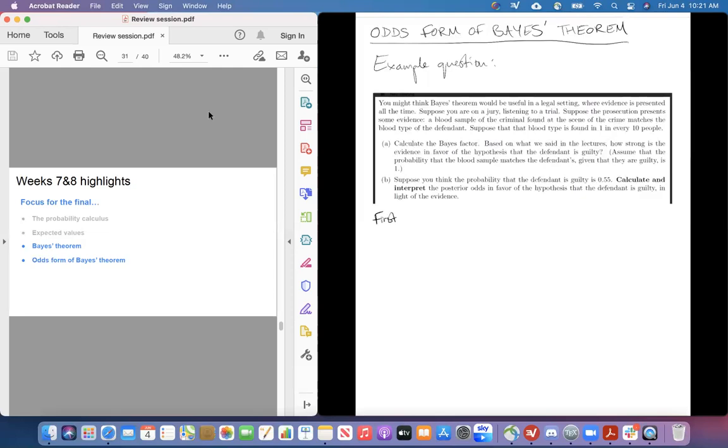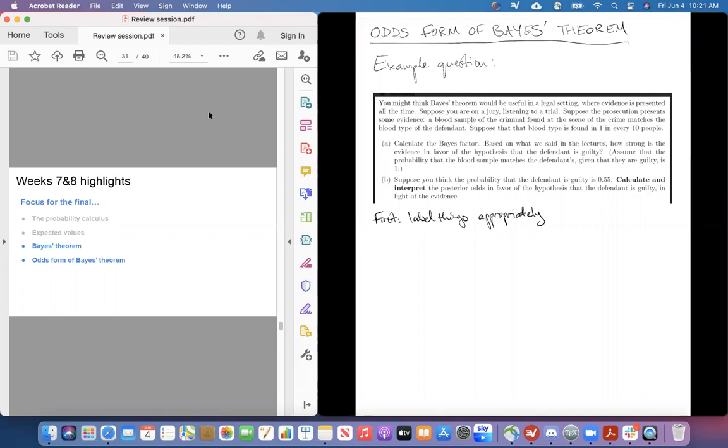The first thing you do is label things in an appropriate way. So we're talking about hypotheses and evidence, and of course the odds form of Bayes' theorem has a lot of probabilities involved in it. We've got to label things appropriately. That will help us set up the answer to this question.